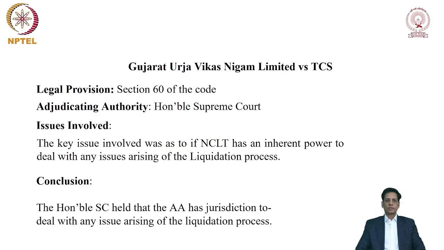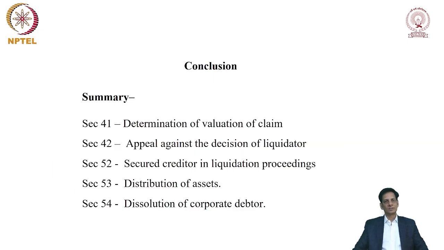The issue involved in the case was whether NCLT has an inherent power to deal with any issues arising out of the liquidation process which are not mentioned either in the Act or in the regulations, and can NCLT deal with them and use its discretionary power. The conclusion was very simple. The Honorable Supreme Court held that the adjudicatory authority has jurisdiction to deal with any issue arising out of the liquidation process.